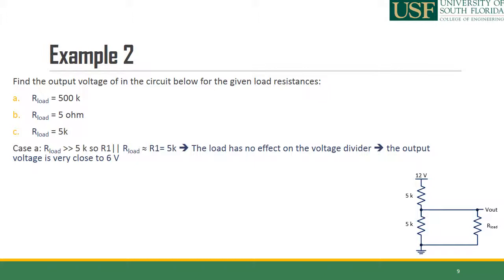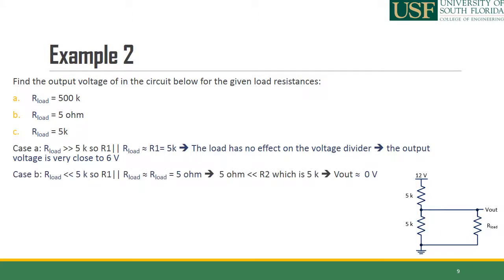When we do the parallel resistance equation, we find that the total resistance of the 5 kilo in parallel with 500 kilo ohm is almost the same as 5 kilo ohm, because the parallel path is significantly larger in resistance than the 5 kilo ohm. Therefore, the equivalent of R1 parallel R load is almost 5 kilo ohm, and R2 is 5 kilo ohm too. Obviously the output would be 6 volts as in the voltage divider.